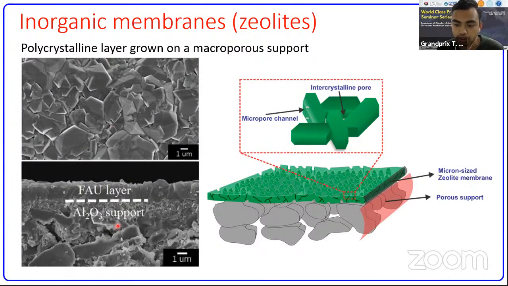Of course, the support does not have the separation capabilities, but it is used to support the zeolite layer, because the zeolite layer is rigid, it is polycrystalline, it cannot withstand harsh conditions. For example, high temperature. Of course, high temperature zeolite can withstand, but the high pressure, the zeolite layer cannot withstand.